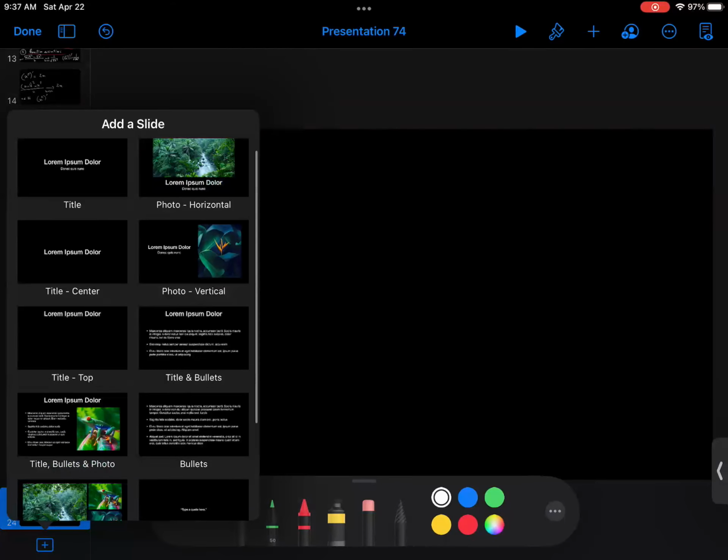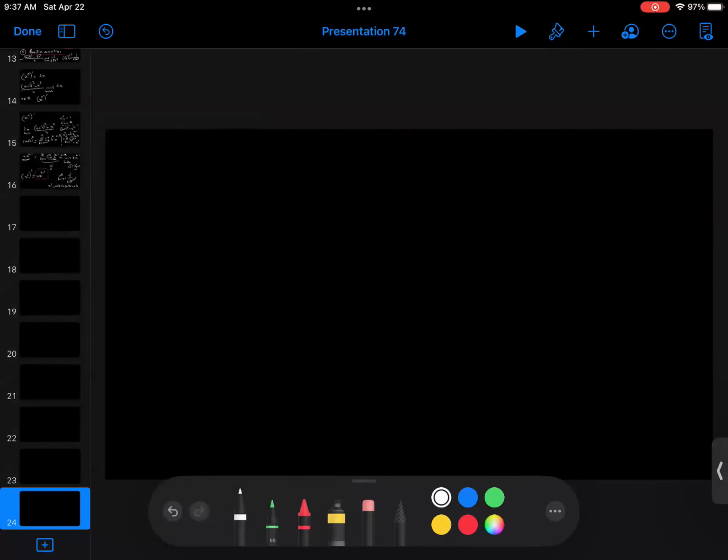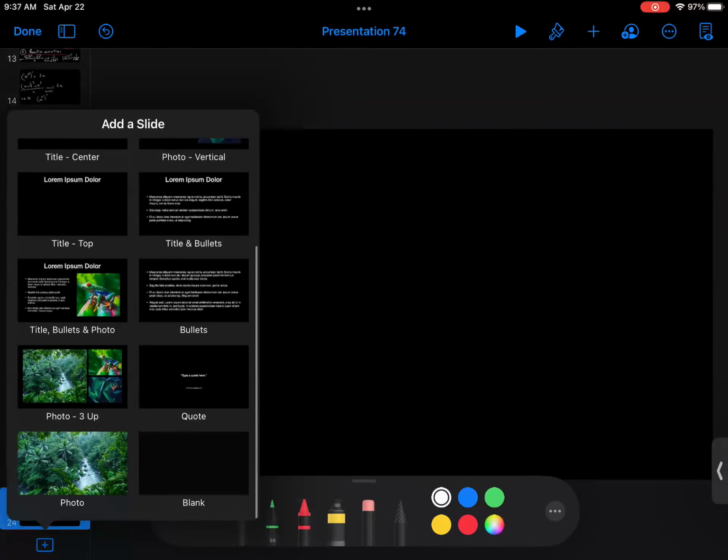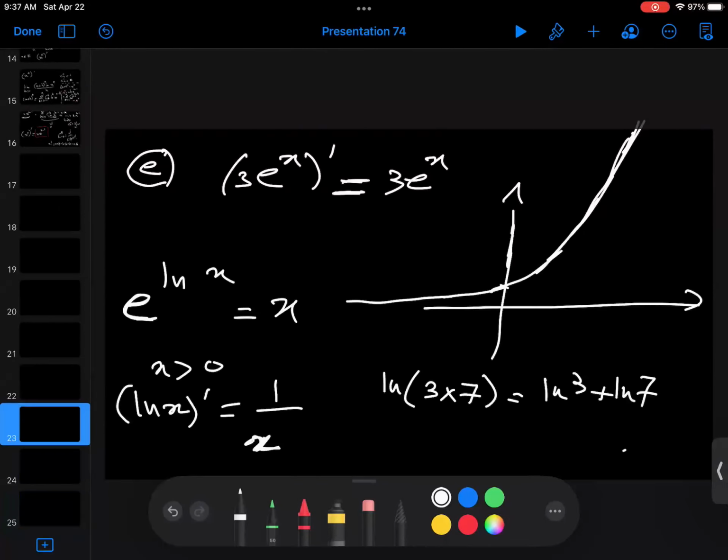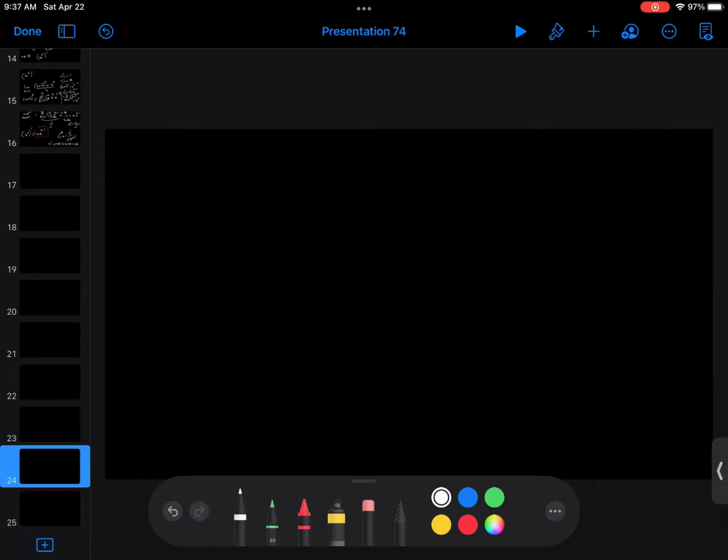This will give you a relatively large number of functions that you can derive.